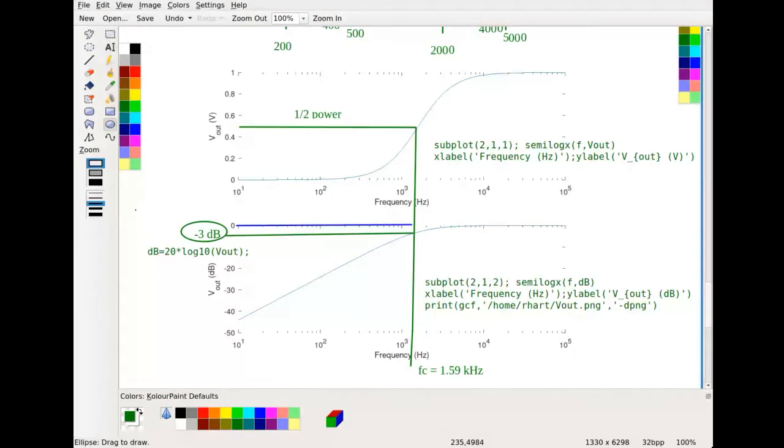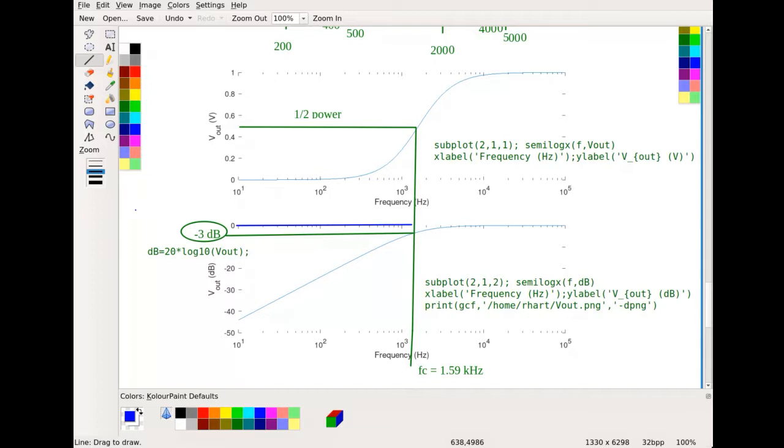Right here at this point, where it is at 1.59 kilohertz, which is our cutoff frequency, when you plot it in decibels, it's actually minus 3 dB.